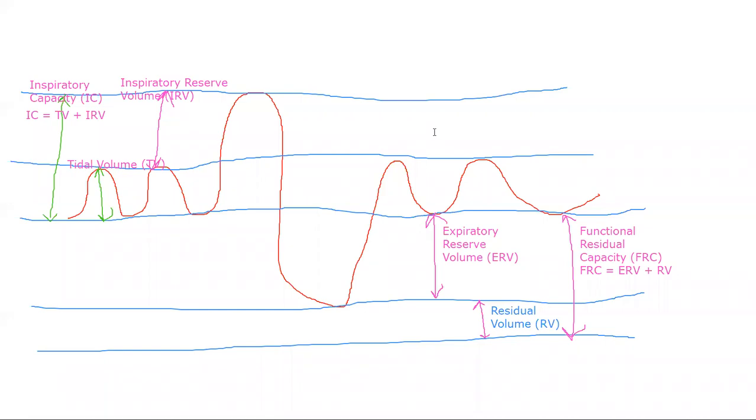Okay, I have two more lung volumes I'm going to put on here. From the top of your maximal inspiration to the bottom of your maximal expiration, that is your vital capacity.